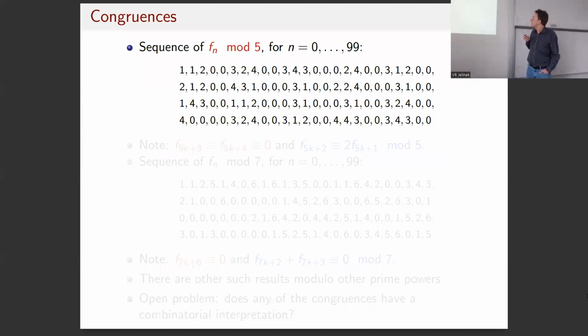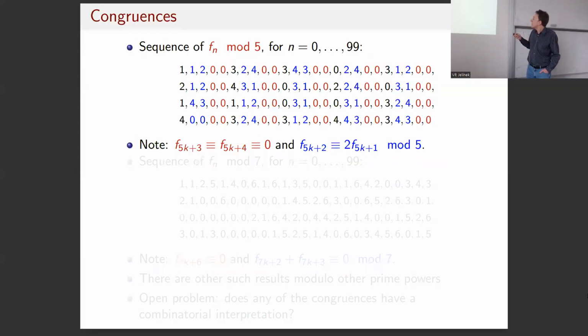There are many zeros, and in fact, there are zeros which appear periodically. So every value of index 5k plus 3 or 5k plus 4 is 0, and then there's another sort of regularity appearing on values 5k plus 2 and 5k plus 1.